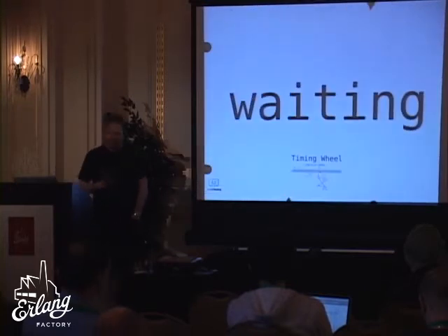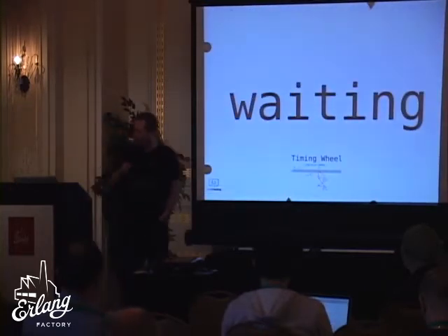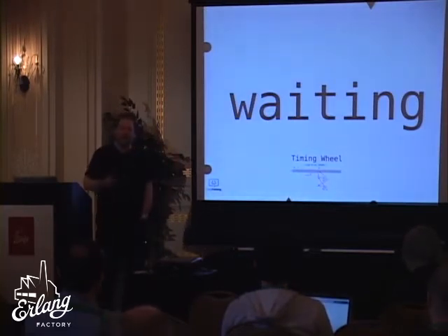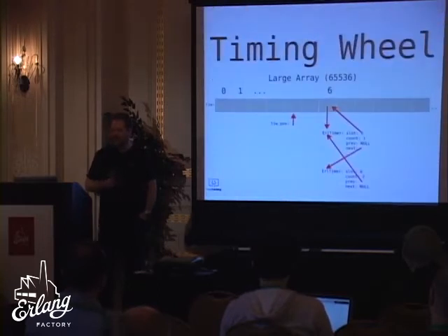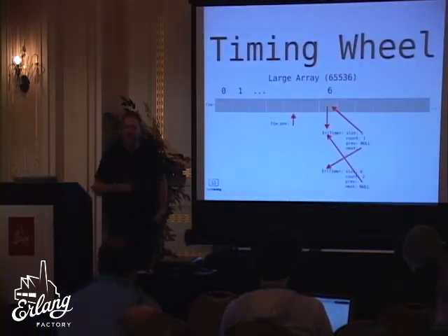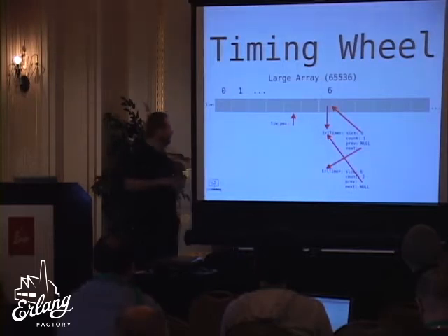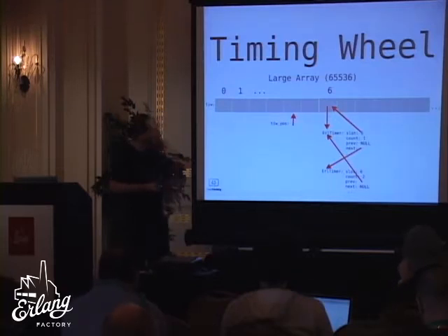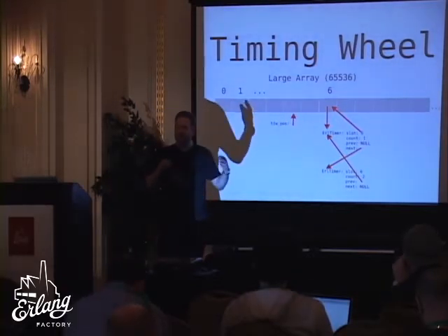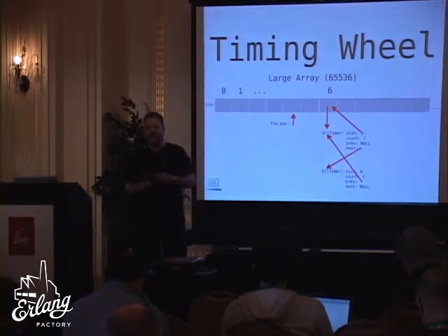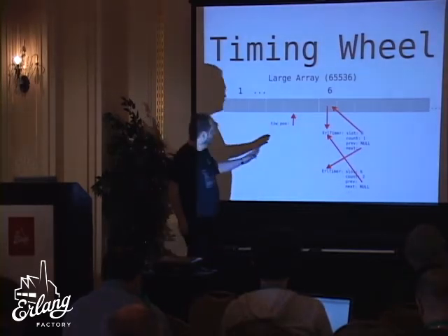And then if a process goes into sleep, it goes into the waiting state. And in the waiting state, if you have a timeout on the process, you say receive after 1000, then do something. Then you end up in this timing wheel. So the timing wheel is just a big array, and you have a current time.